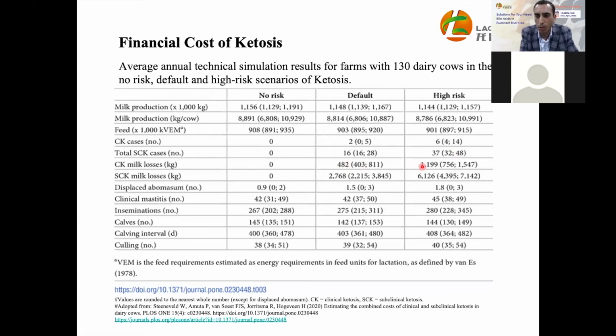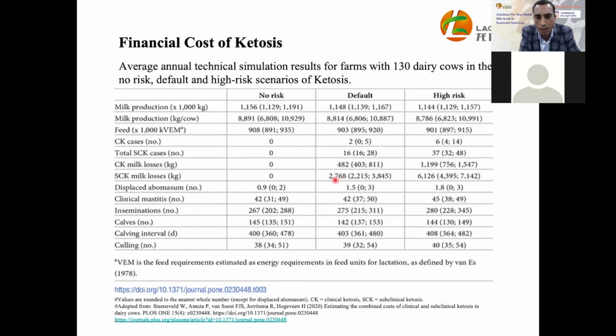The cost of a kilogram of milk production is 0.35 United States dollars, so we can calculate how much we lost because of the incidence of ketosis. This is only one factor, in addition to the other costs for feed, fertility, immunity, health and other parameters, for the short and long term.